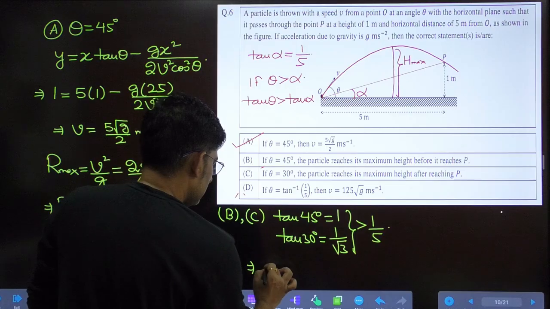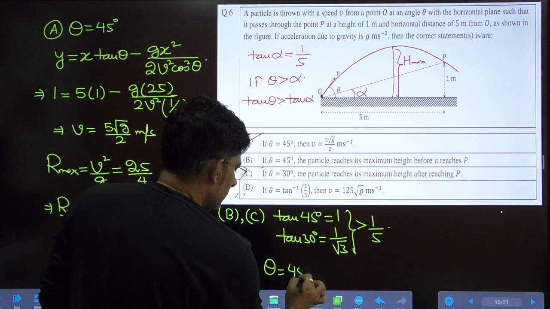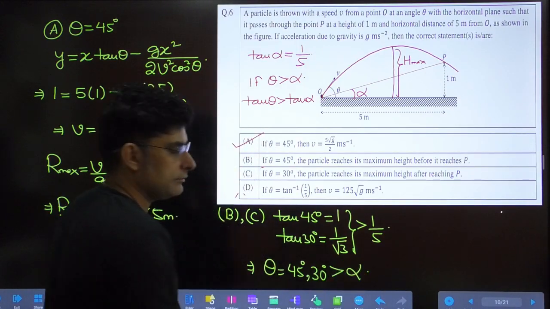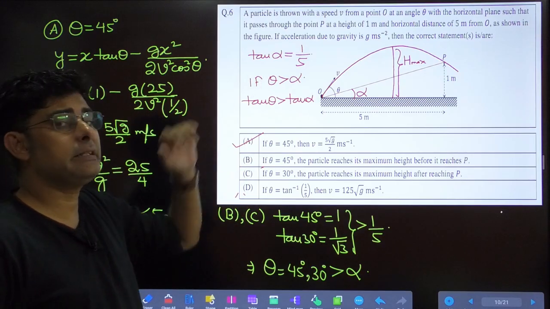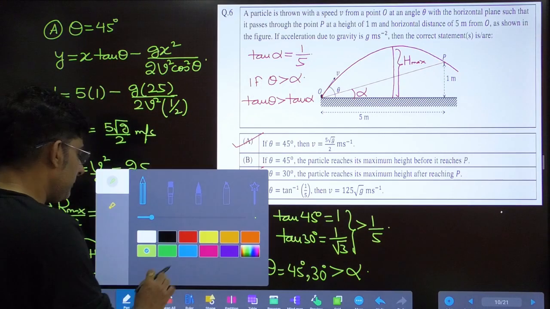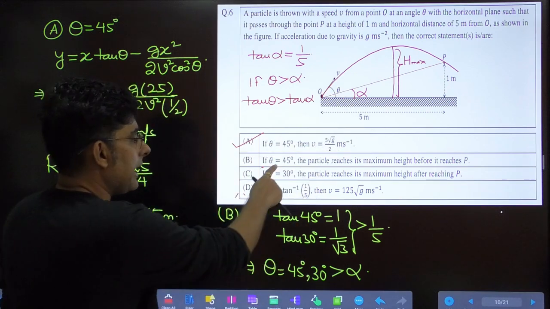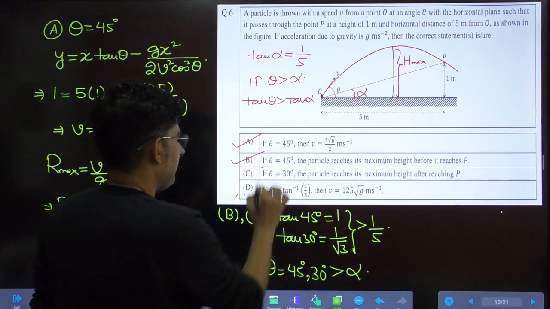Means theta, either you take 45 degree or 30 degree, is greater than alpha. So if it is greater than alpha, that means H max will be attained earlier before reaching P. So H max is attained earlier before reaching P. So theta is 45 degree, particle reaches its H max before it reaches P, correct?